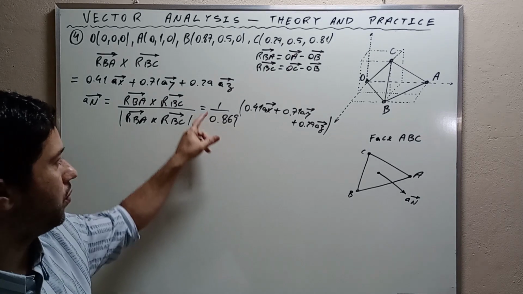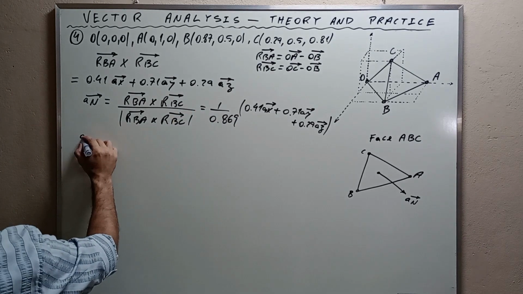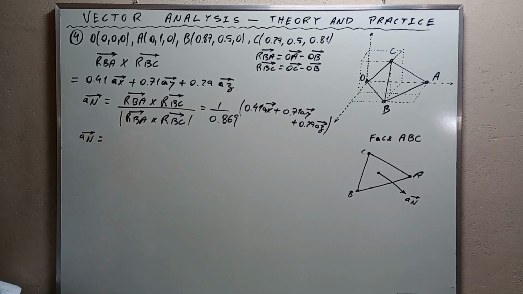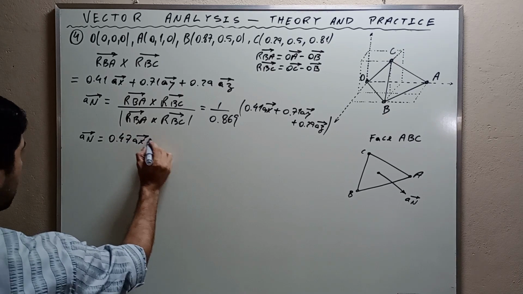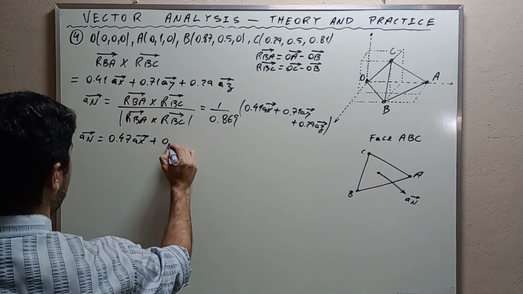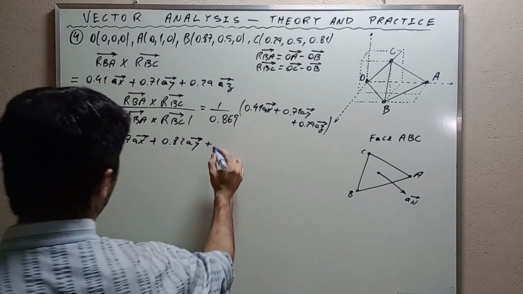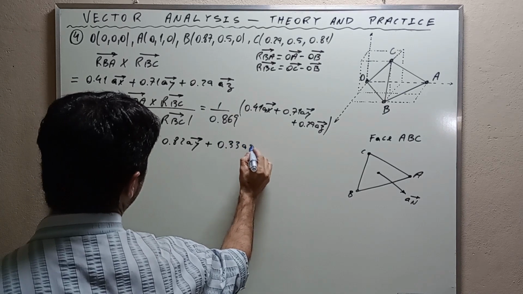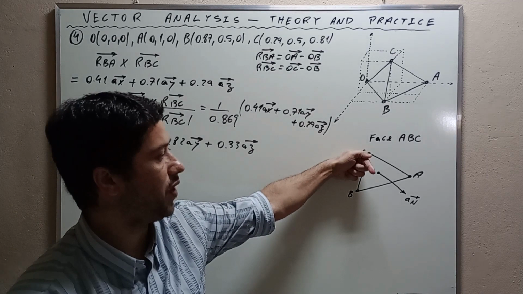And if we multiply one by the magnitude with the vector, we find that AN is equal to 0.47 AX plus 0.82 AY plus 0.33 AZ. Okay? This is the unit vector in the direction of this vector here.